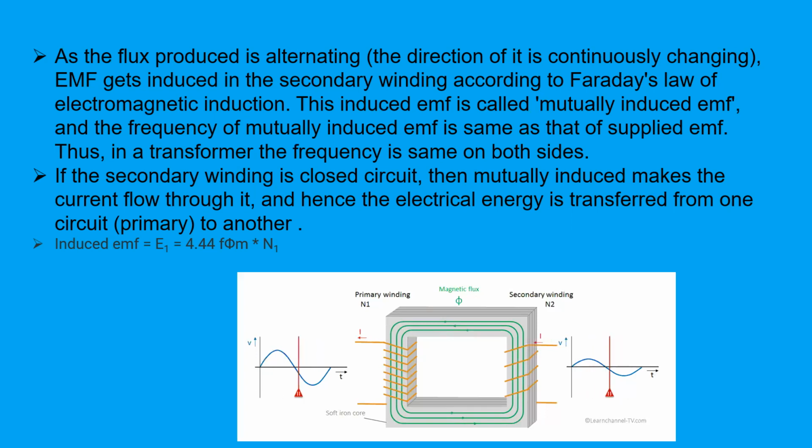So now the secondary winding will also get the alternating flux. This is the principle called Faraday's laws of electromagnetic induction. According to this principle, EMF is induced in the primary winding, and now EMF is induced in the secondary winding as a mutually induced EMF, by the mutual induction principle.